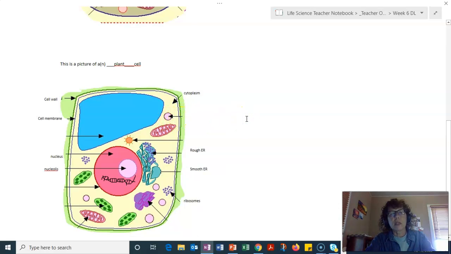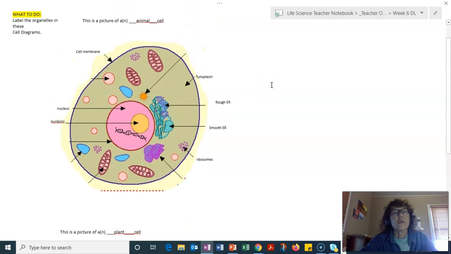So I'm going to come out here and type V-E-S-I-C-L-E, vesicle. Vesicles just carry things around inside the cell. And over here, I'm going to label this pink thing, which is on the opposite side. So I'm going to type it outside the box, vesicle, and drag it over to the other side.